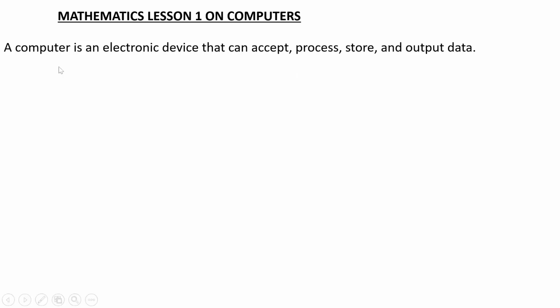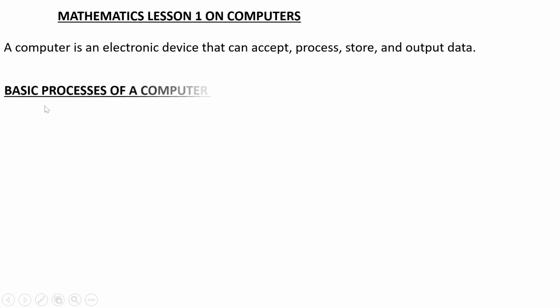A computer is an electronic device that can accept, process, store, and output data. That is it. That's what a computer does. It accepts data, then processes that data. It can store that data or output the same data.